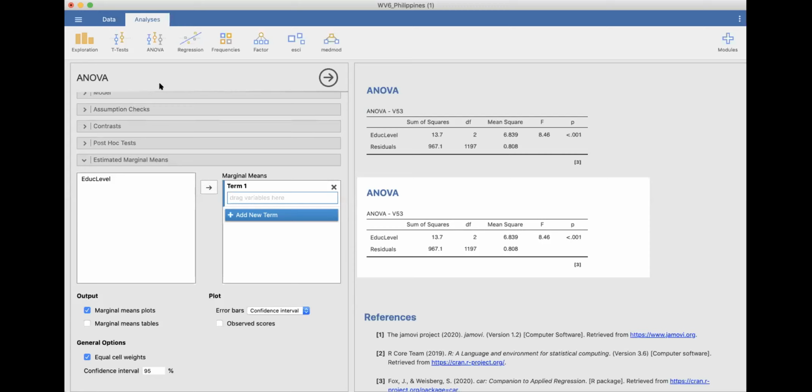Residuals are that which is not accounted for. So it's your error. So what you take a look at is your F value here.